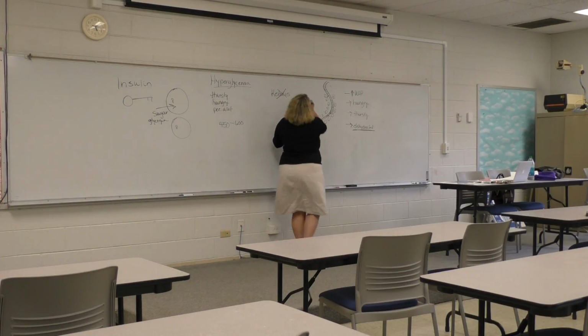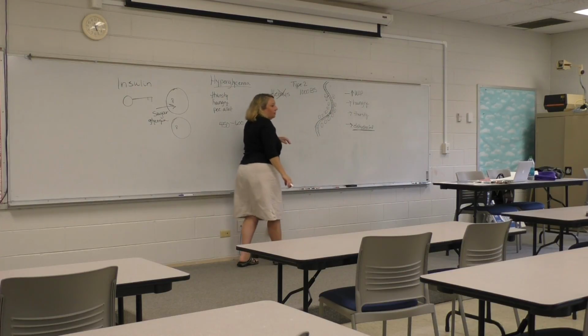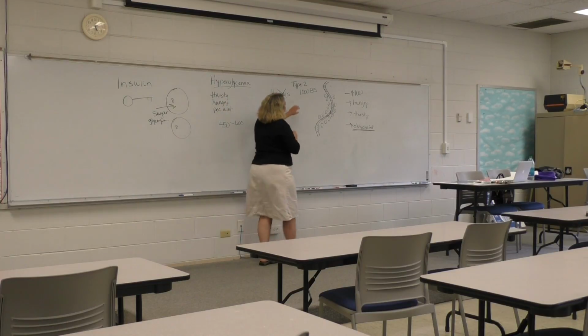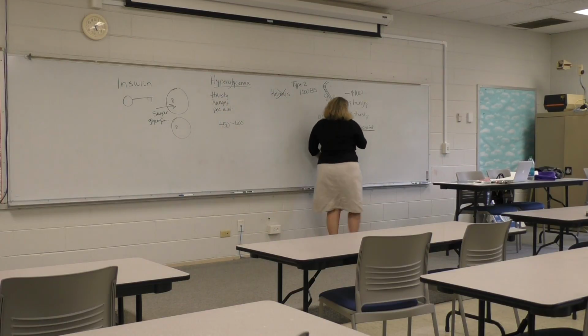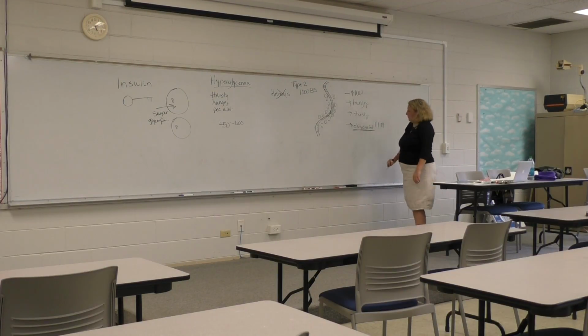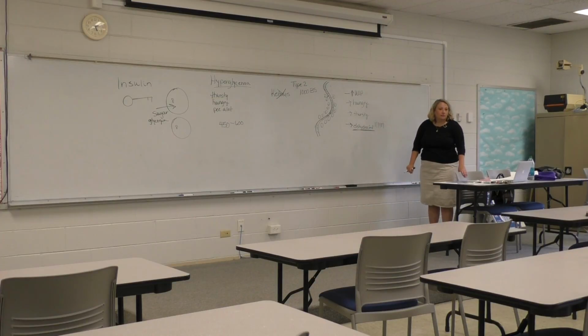A type 2 diabetic, their blood sugar can be upwards of 1,000 before it sends them to the hospital. So by the time their blood sugar gets to 1,000, they are beyond dehydrated.